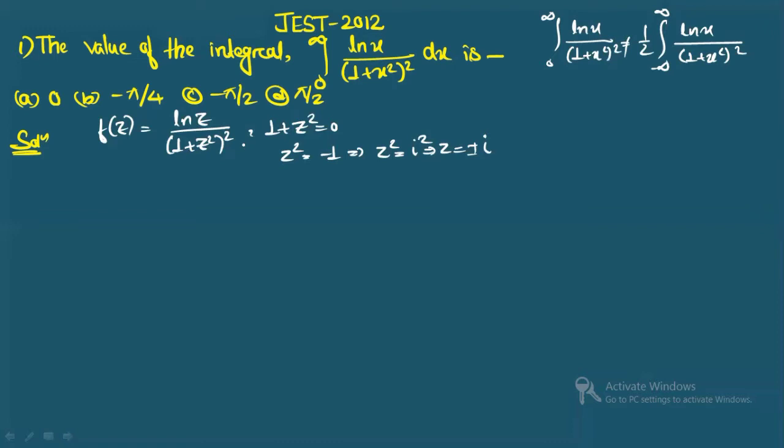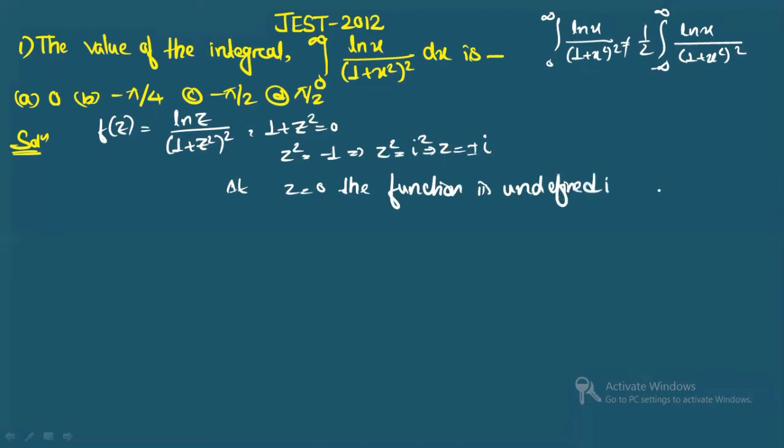Right? One more thing you have to see, when you put z equals 0, the function becomes undefined, right? That means the function is not analytic. So z equals 0 is also a singular point, right? So I'm writing here that at z equals 0, the function is undefined.